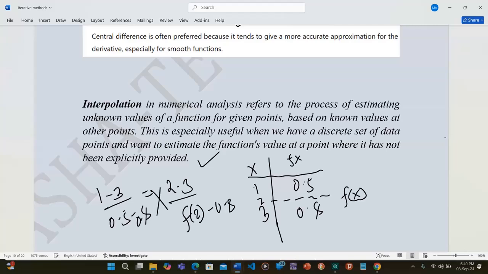I cross multiply and then make f of 2 the subject of the formula, and I'll be able to get the value of f of 2. That is what we call interpolation.